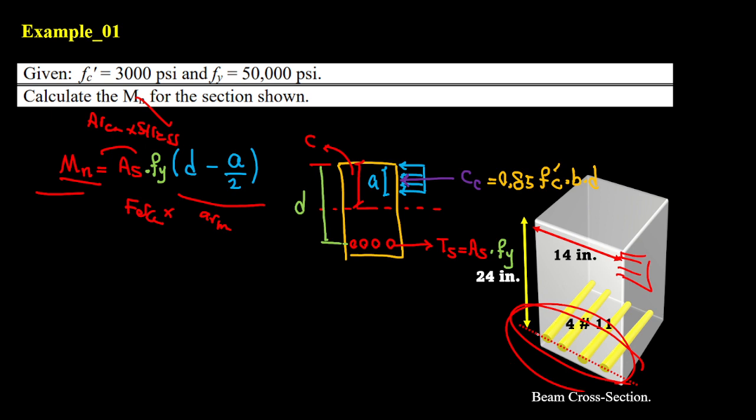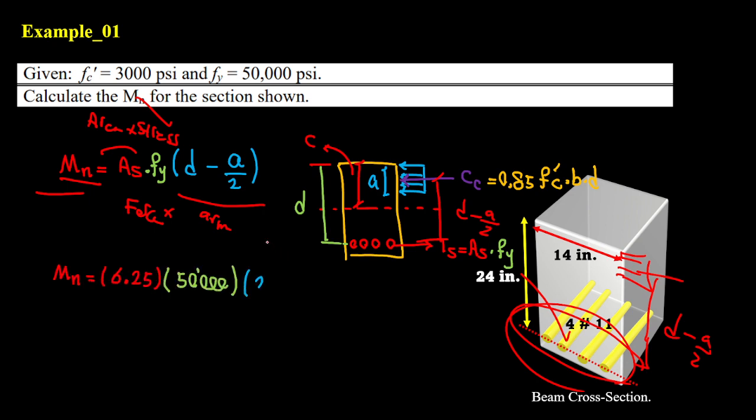We can get the nominal moment of the section from either the concrete part or the steel part. I prefer to calculate with steel, but it often gives you the same answer. The arm is d minus a over 2, from the center of the tensile steel to the center of the compression zone.